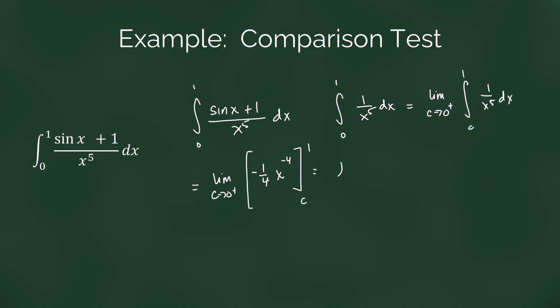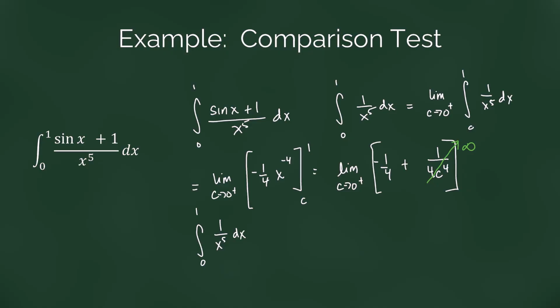Plugging in, we get the limit as c goes to 0 of negative 1/4 plus 1 over 4c to the fourth. And now we know that as c goes to 0, 1 over c to the fourth, since the denominator is going to 0, that whole term is going to infinity, which tells us that the integral from 0 to 1 of 1 over x to the fifth dx diverges.